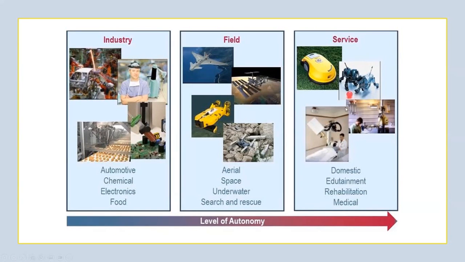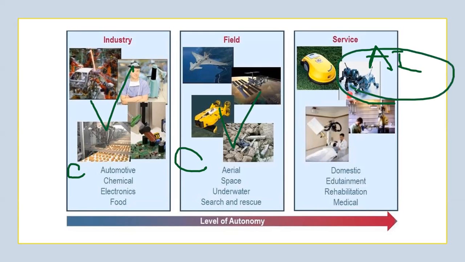When we go to service, we have better sensors and better feedback systems. That goes into the service field. After the service robot, more AI is being used. In the field and industry control, these are more computer control. So traditional algorithmic control dominated the first two stages, and then later came the service AI.